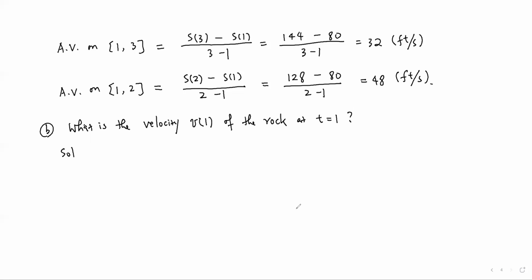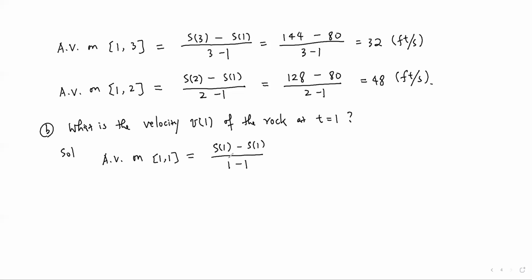We cannot use the average velocity formula. Why? Because average velocity is on a time interval. It is a single time moment. The time interval is 1 to 1. How to compute average velocity on this time interval? The time interval contains a single point. If we still use the average velocity formula, see what will happen.